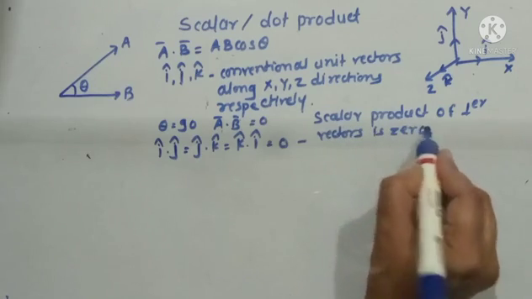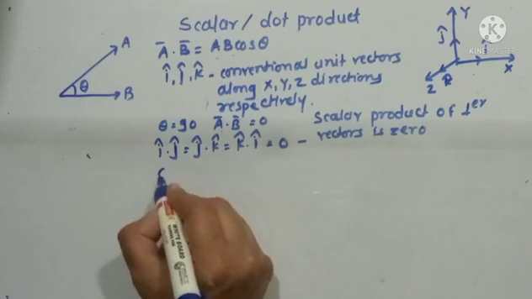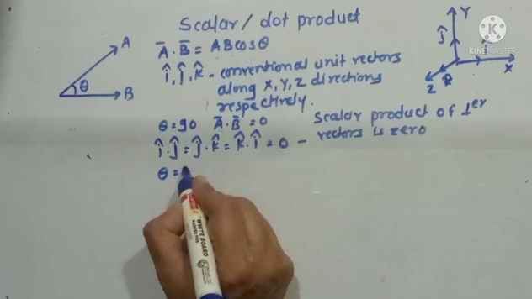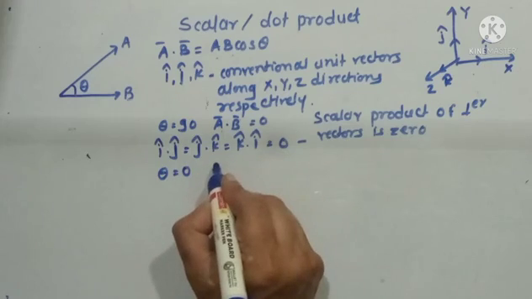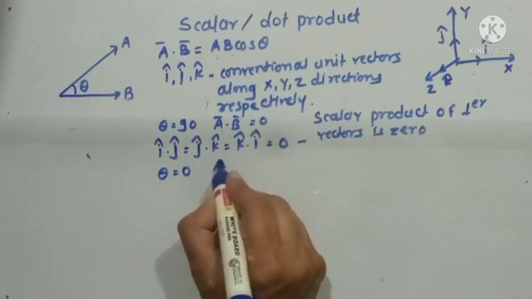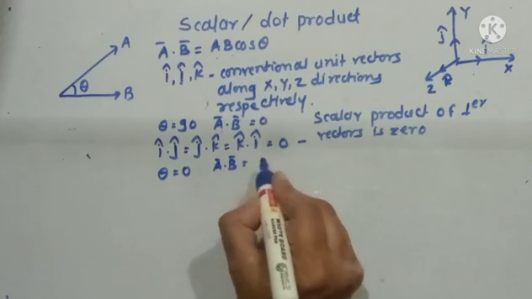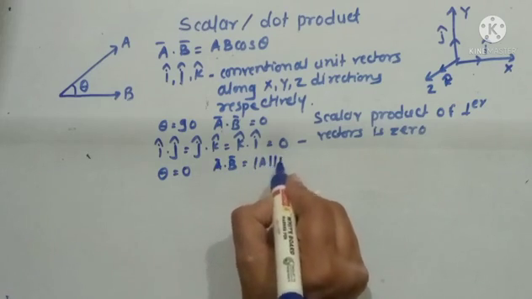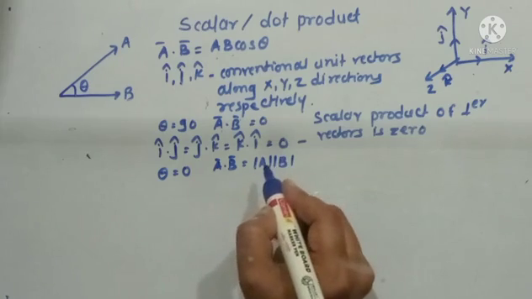Now if theta is 0, we know that A dot B is nothing but the product of the magnitudes of the two vectors.